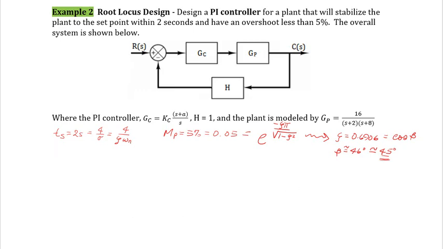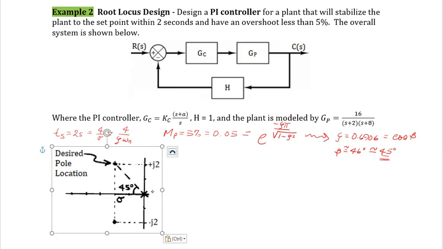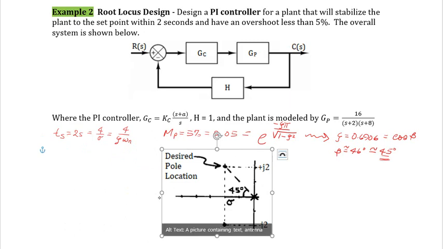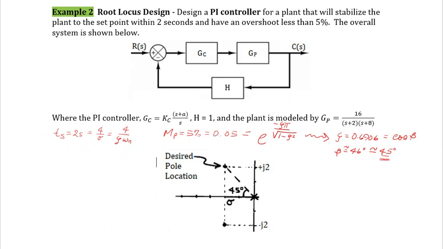And I'm going to go ahead and indicate to you this in a pole zero map. I've already pre-drawn that. Here it is. So here's our beta. Here's our angle beta.